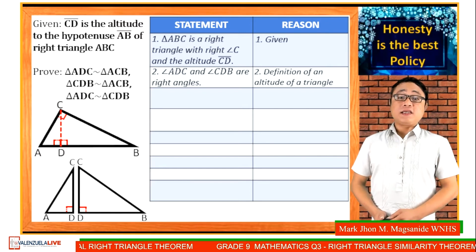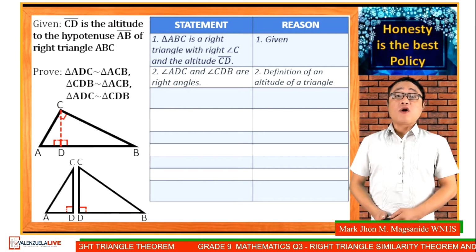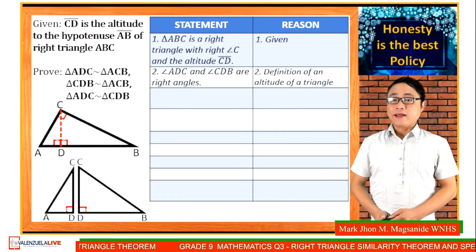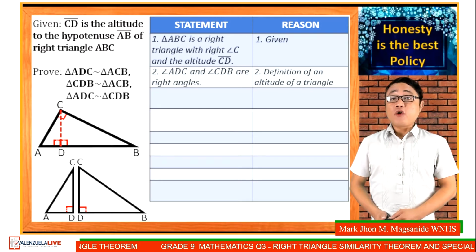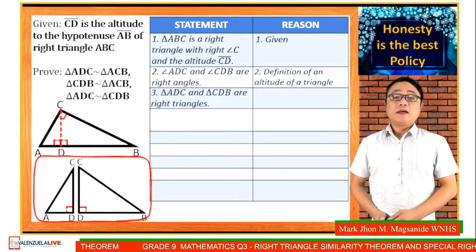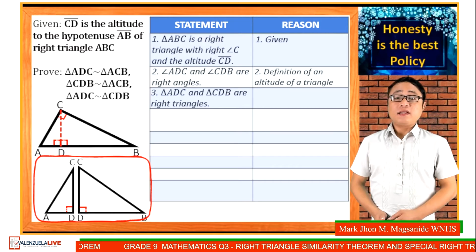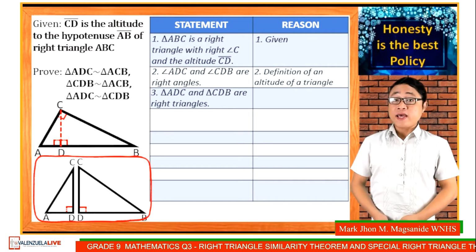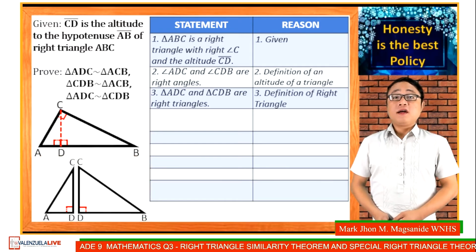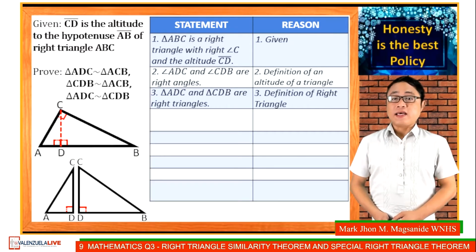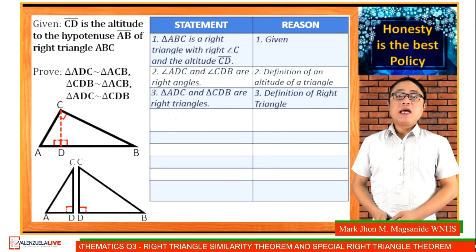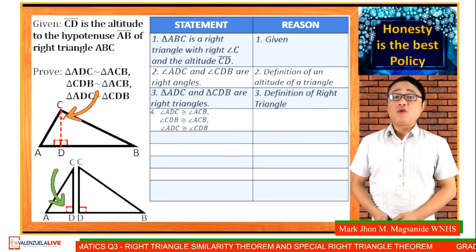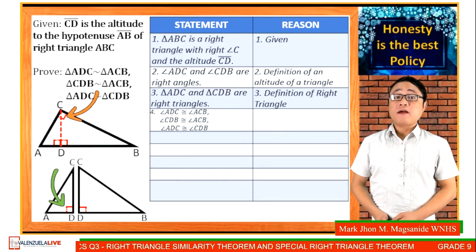Triangle ADC and triangle CDB contains right angle. Therefore, we can state that triangle ADC and triangle CDB are right triangles. Why? It is because of the definition of right triangle. Angle ADC is congruent to angle ACB.